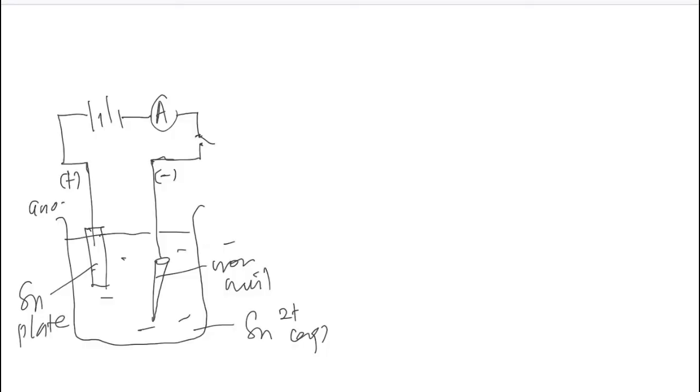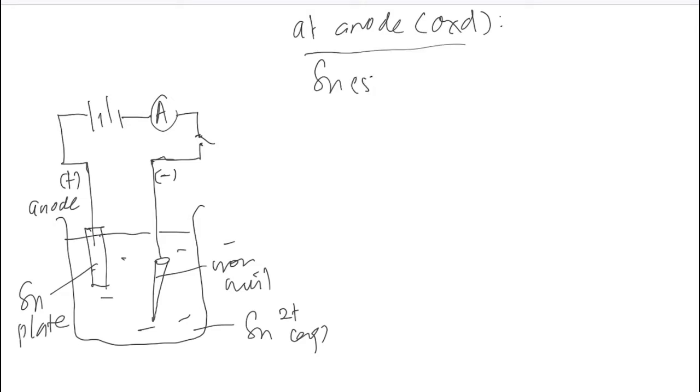Tin has to be the anode, because only at the anode does the oxidation take place. The tin plate will dissolve to produce tin ions and electrons. So oxidation takes place. So at anode, oxidation produces tin 2 plus ion. And what happens when the ions are produced over here, Sn2 plus?